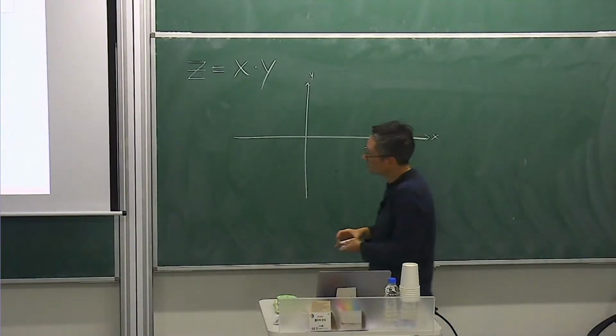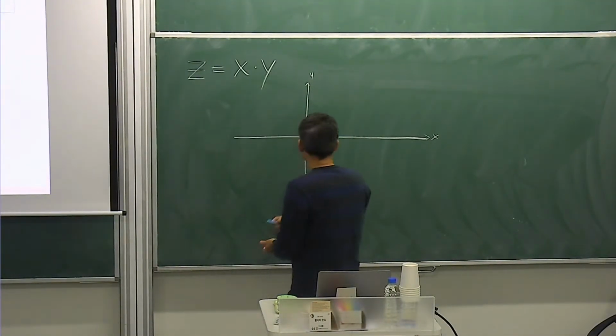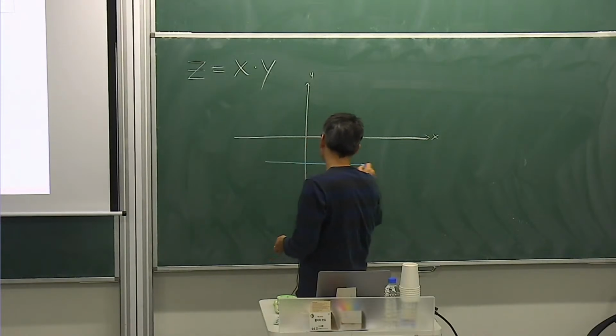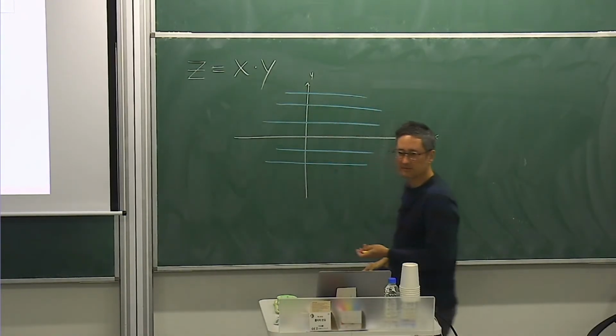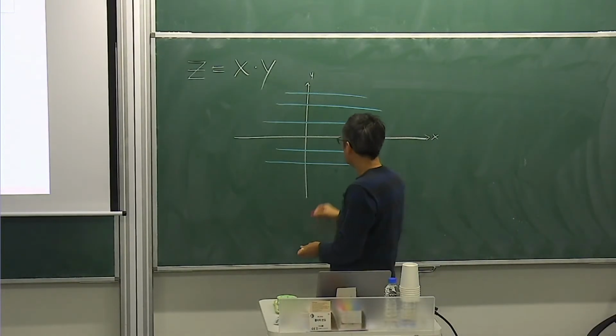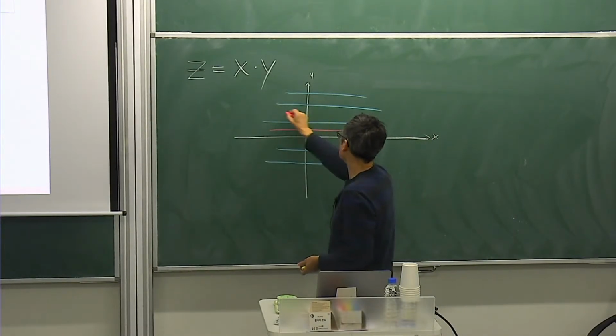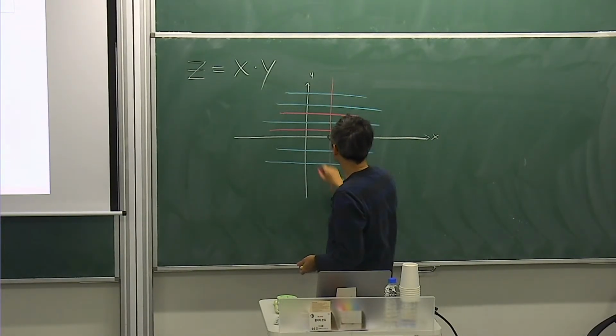Here, I'll show you why this is true. So suppose here are my blue lines, like that. And your red lines, there are some of these, there might be some of these.